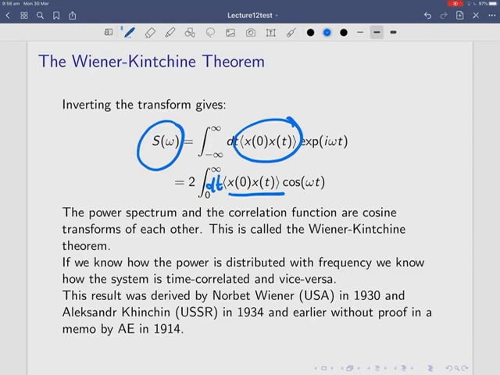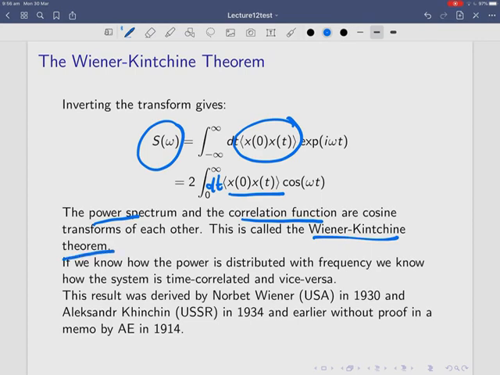You integrate from 0 to infinity only, over the positive times. So what it says is the power spectrum and the correlation function are cosine transforms of each other. So if you know the power spectrum, you know the correlation function, and vice versa. And that's the Wiener-Khinchin theorem.